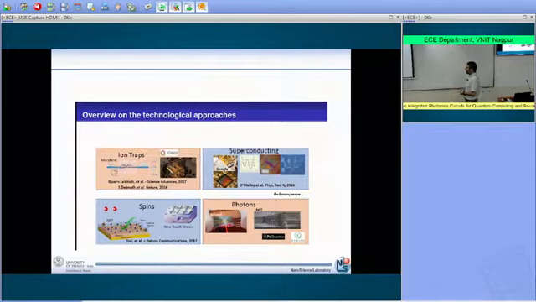There are many different technological approaches which have been used to implement quantum computers. You have the ion trap platform; IonQ is a company selling quantum computers based on it. Then there is the superconducting platform, where you have to go down to cryogenic temperature to make the material transit into a superconducting state.